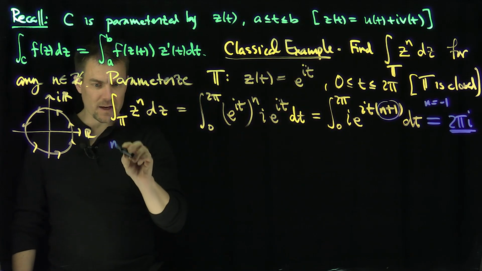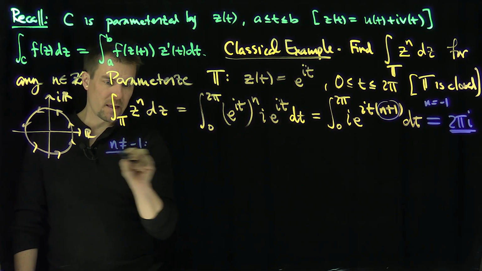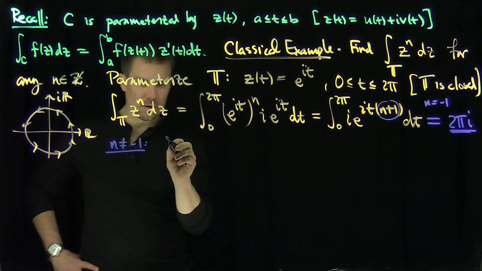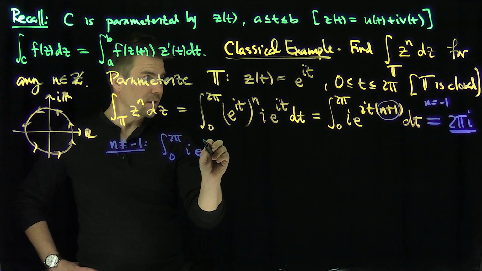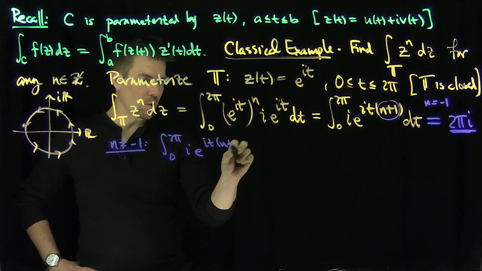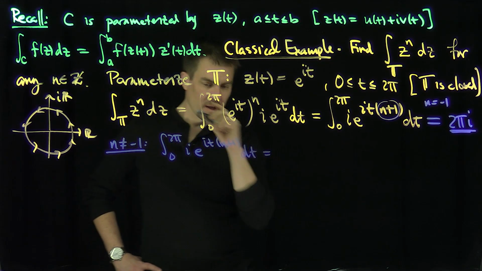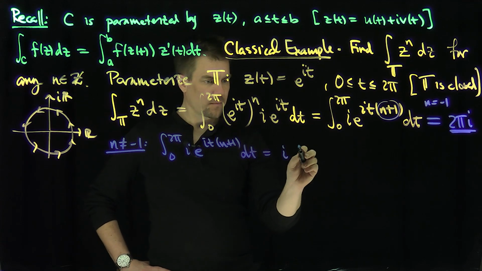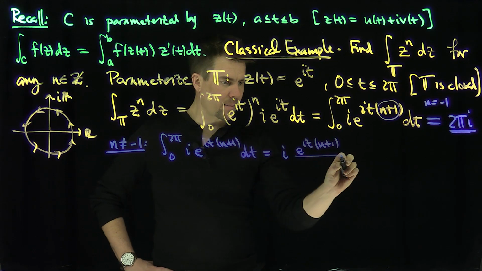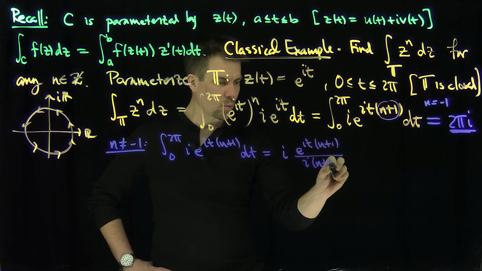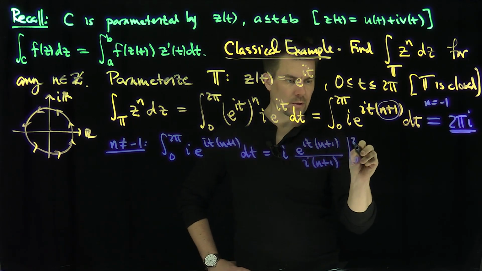Now, if n is not equal to -1, then the integral from 0 to 2 pi of i e to the i t times (n plus 1) dt is going to be i, and then e to the i t (n plus 1) divided by i times (n plus 1), from 0 to 2 pi.